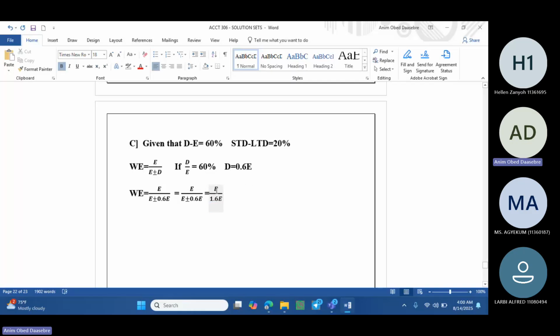So it will be E over 1.6E. Then you cancel the E out, you are going to get 1 over 1.6, which will give us what?